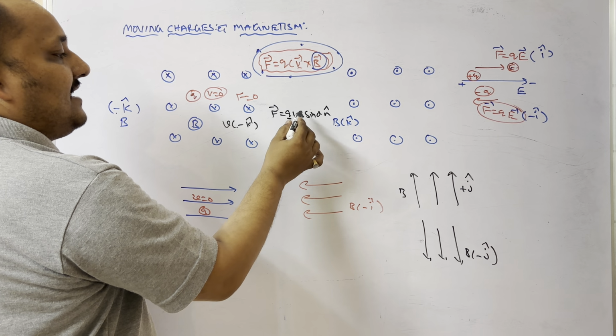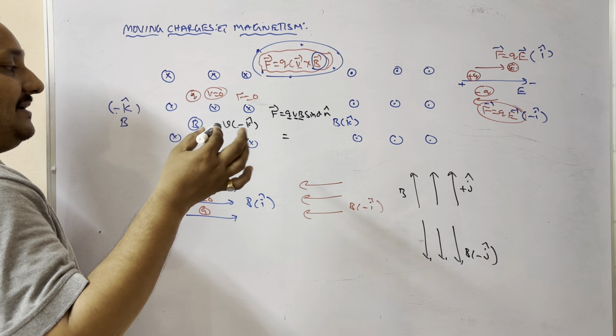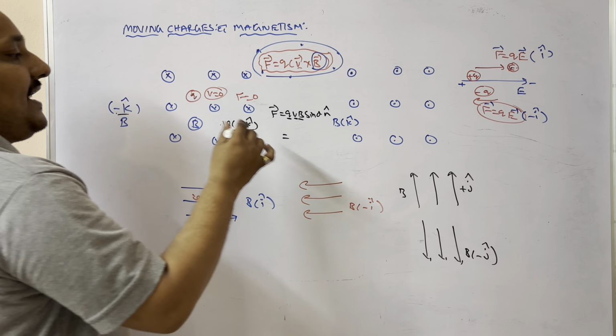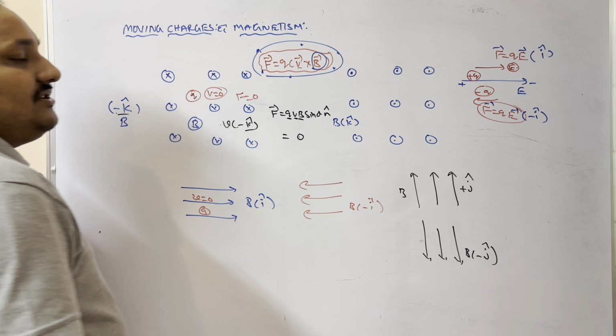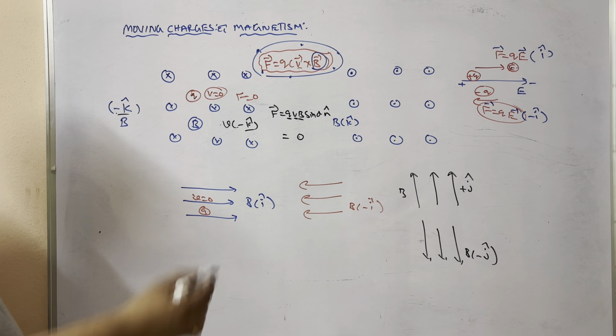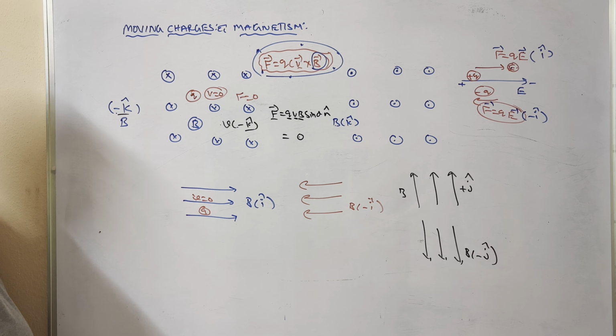Velocity, charge and magnetic field are there, but what is the angle between V and B? Minus k cap and minus k cap, therefore the angle is 0, sin 0 is 0. Therefore force is 0. Force is 0 means, according to Newton's law, unless and until an external force acts on it, it will continue in its path. Therefore it will move in a straight line path.